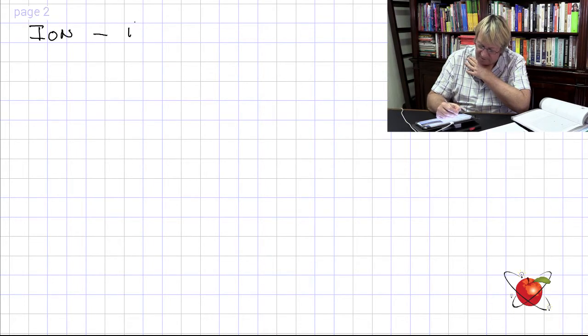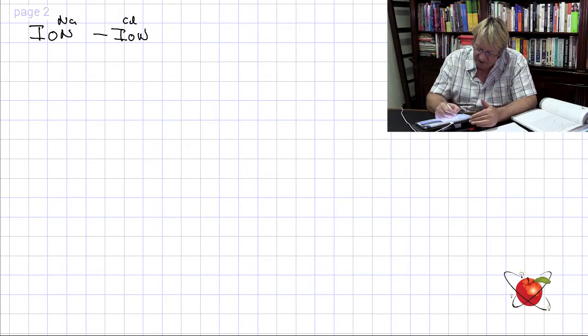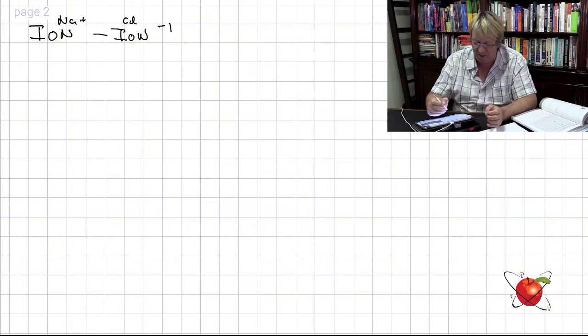Let's take the top of the table. So let's say, for example, we've got an ion and an ion. This is our sodium and chlorine, for example, table salt. This is a -1, this is a +1.